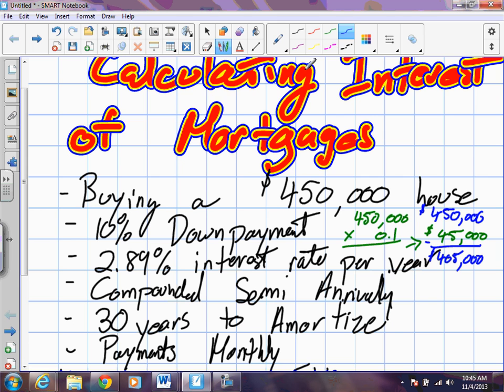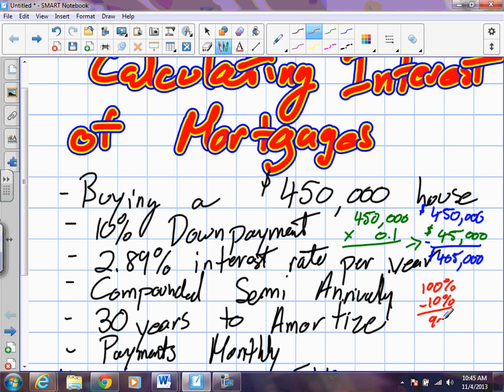This might seem like a trick question, but what percentage of the cost of the house is 450,000? You're getting to where I want to go. 100. That's 100% of the cost of the house. If we have to reduce 10%, what is 100% subtract 10%? 90%.